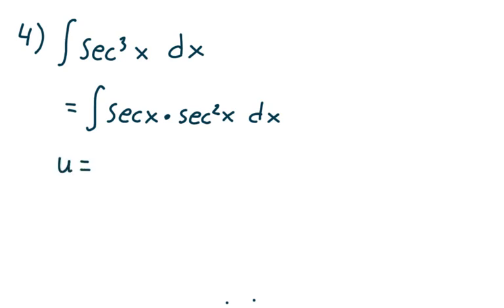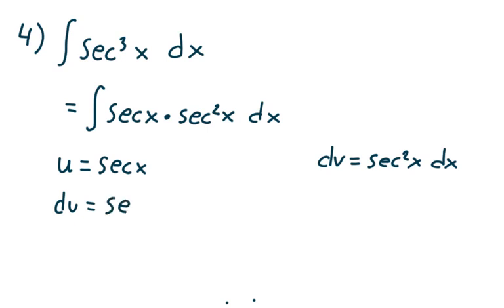So I'm going to let u equal secant x. dv is secant squared x dx. du is secant x tangent x dx, and v is tangent x.